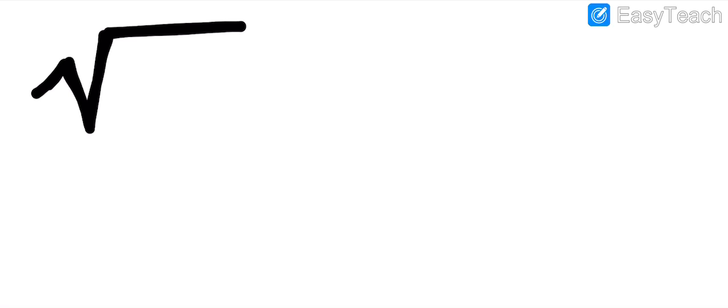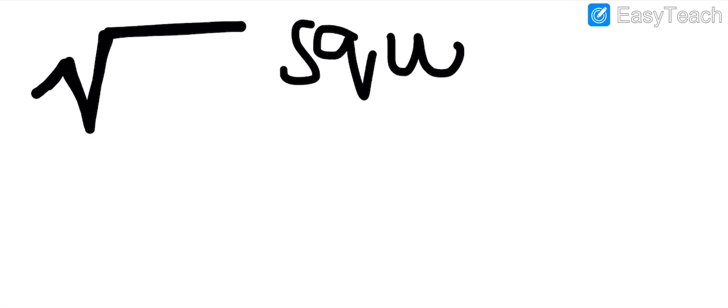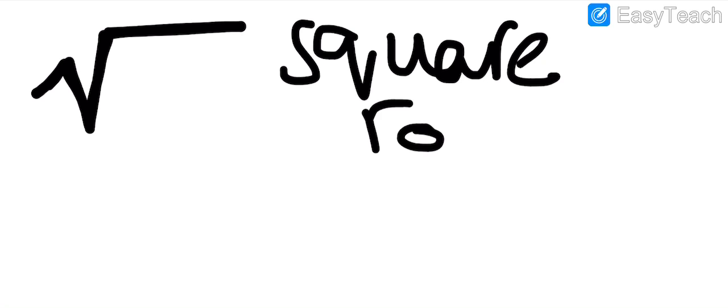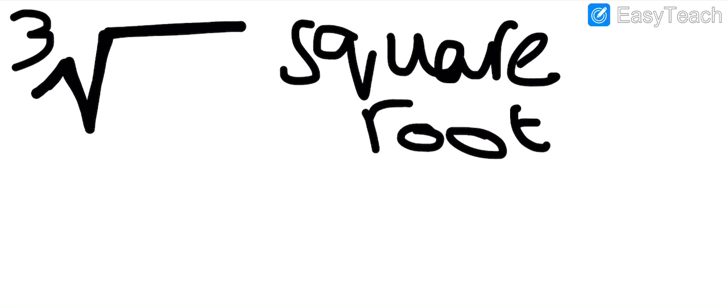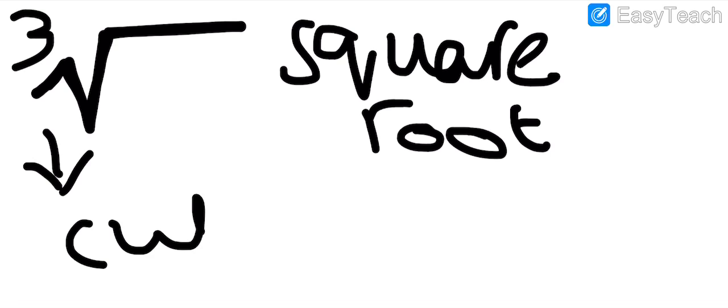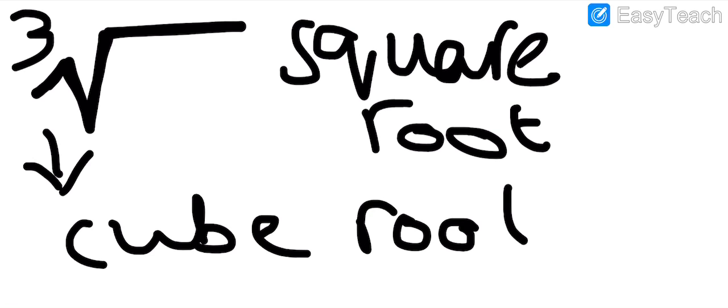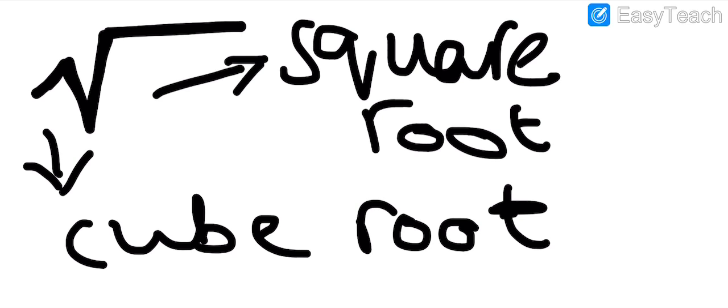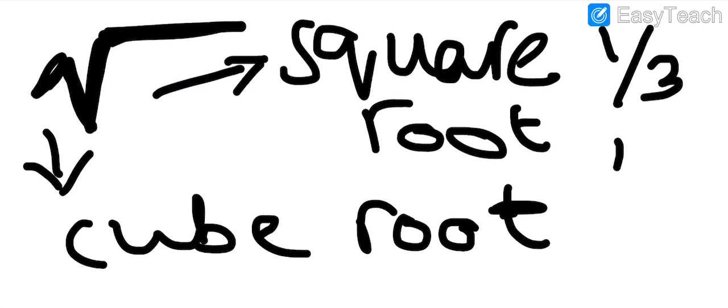When we make this shape, this is called square root. If I write 3 here, it becomes cube root. If I remove this, then it is simply a square root. This symbol is actually power 1 by 3 or 1 by 2. Let me explain.